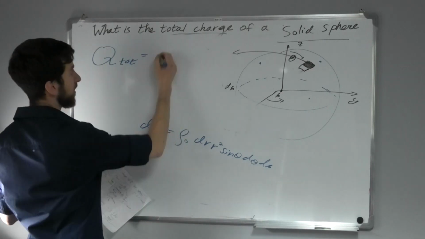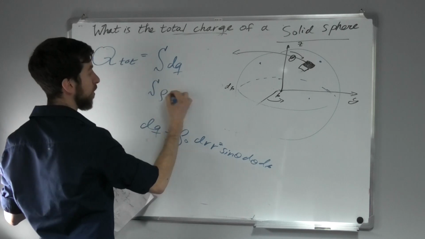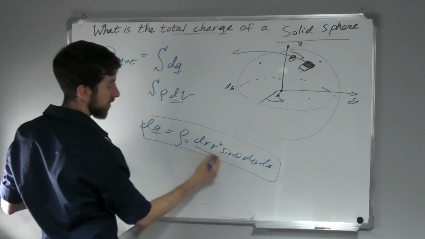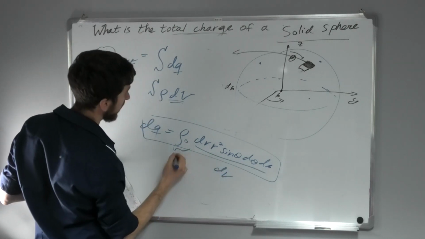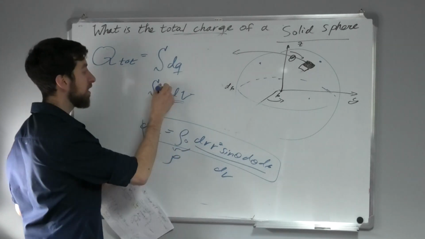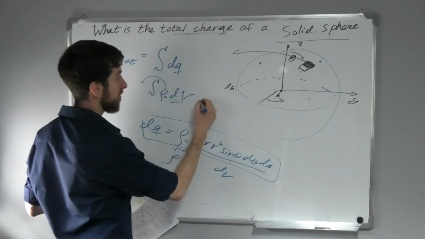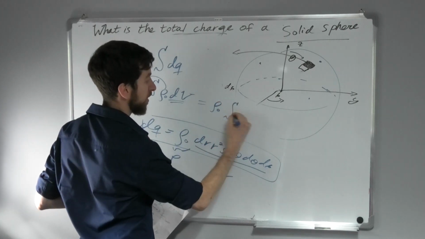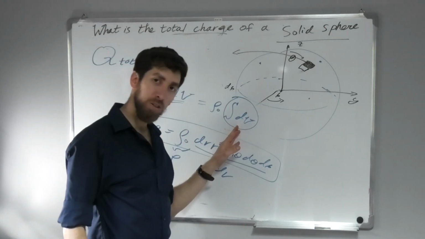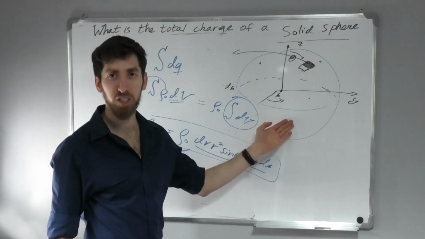If I'm going to solve this, we say dq is equal to rho dV, and this is my dV, this is my dq, right? This is rho, but this is a constant, which means I can take this one outside of the integral, right? And then what I'm gonna have is rho times the integral of dV. And what is this term? This says sum all the small bricks, the Lego bricks, the small volumes, in order to build the sphere.